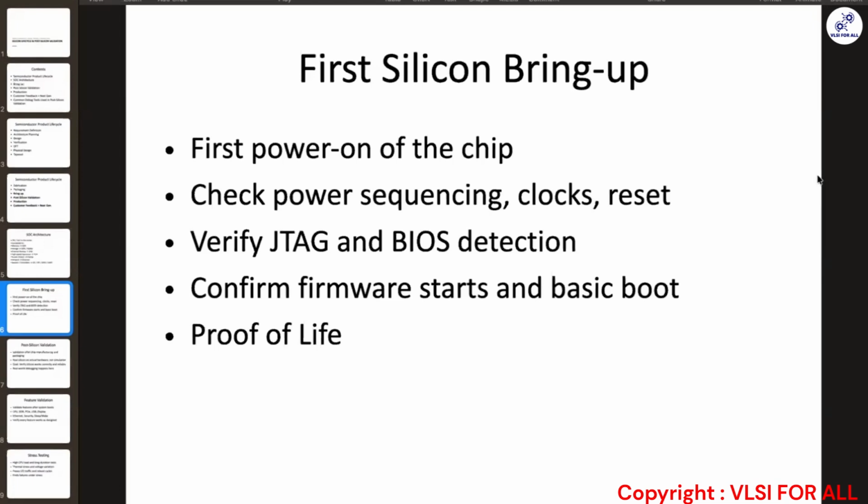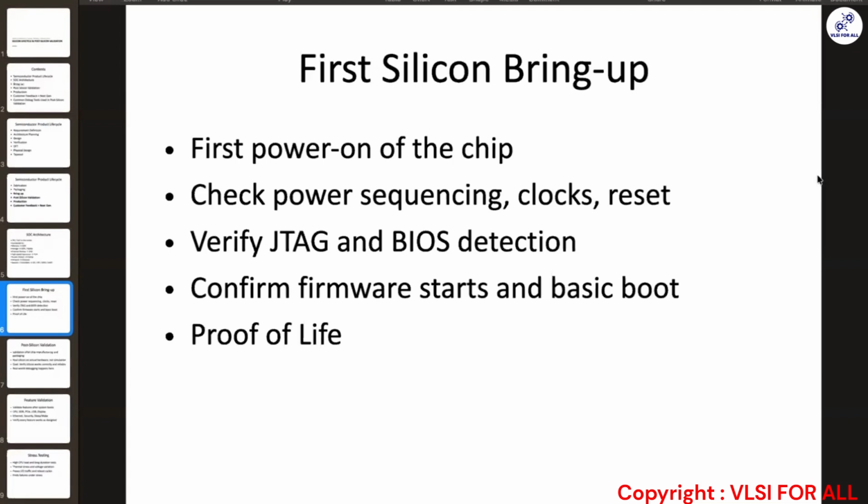At that point in time, you check all the basic boot up. You check the power sequencing, whether the first particular signal which should come up is coming up. After that, there is a sequence of signals which should come up when you boot the silicon, whether that is happening, whether your clocks are behaving fine, how the reset of the system is working, reboot, reset, shutdown, all of those things working fine.